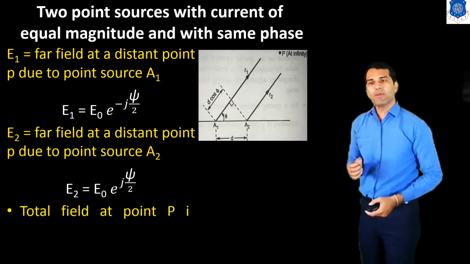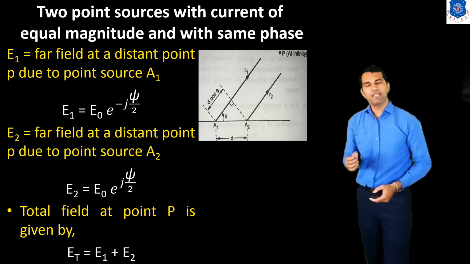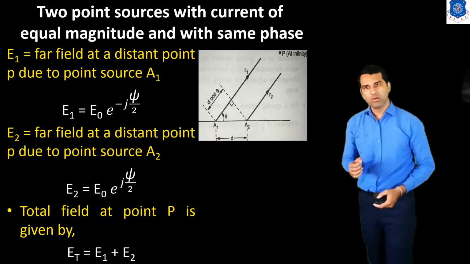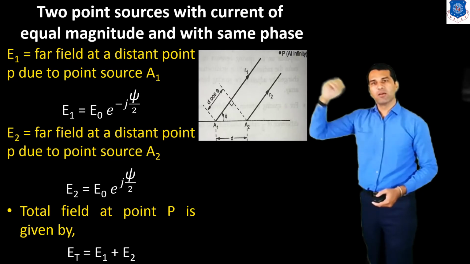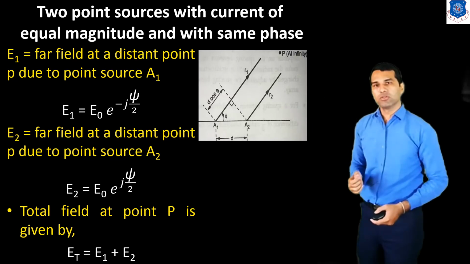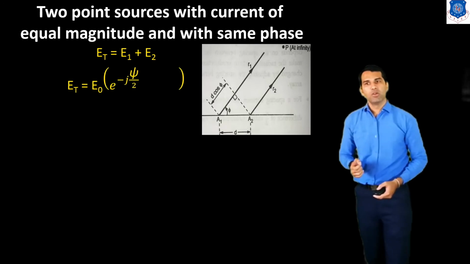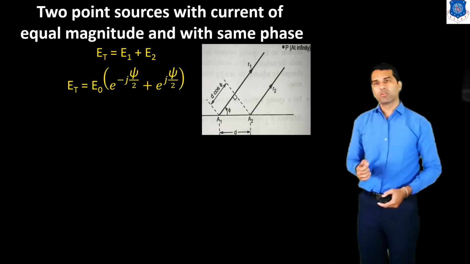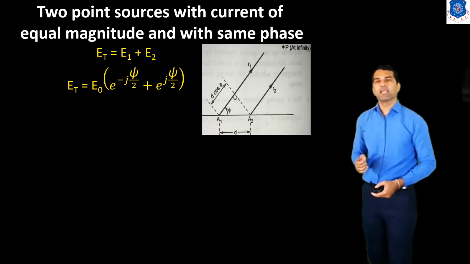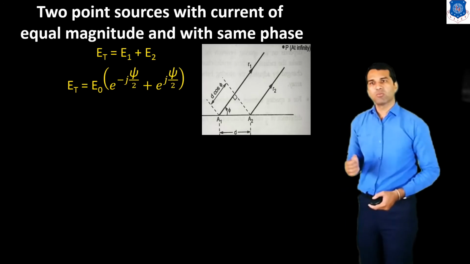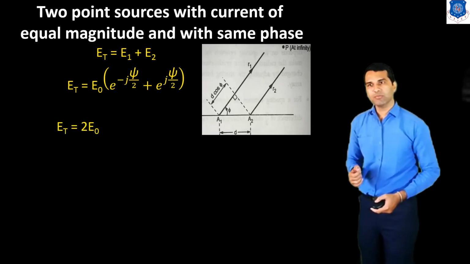The total field at point P is Et equals E1 plus E2. Taking E0 common, Et equals E0 times e raised to minus j psi by 2 plus e raised to j psi by 2.